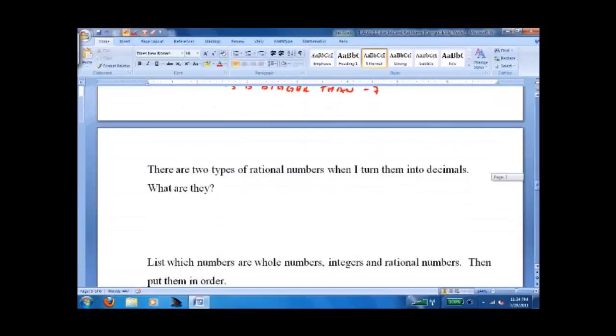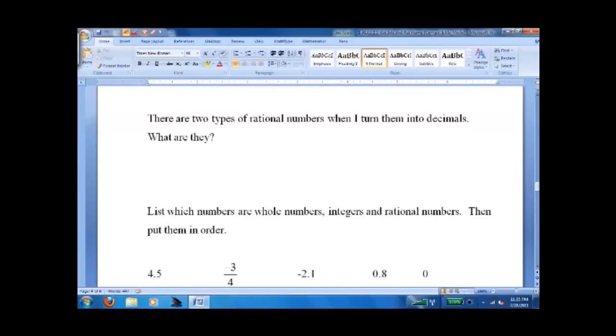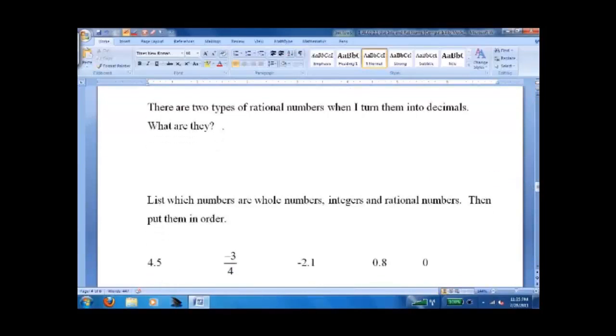Now, there are two types of rational numbers, which I just showed. They are repeating, and that was 0.3 repeating, which happens to equal 1/3.